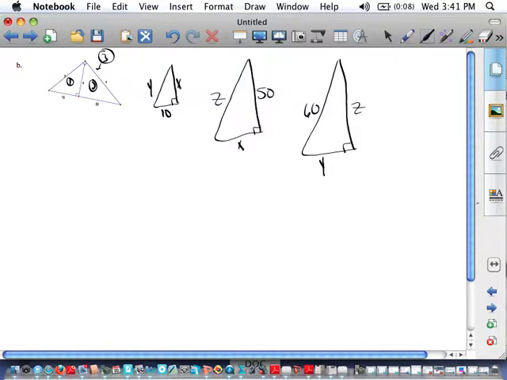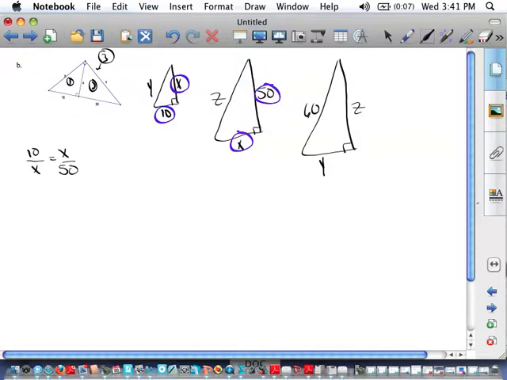You're looking to solve for x. Look for the 2 triangles that contain an x, and look at the sides that they represent. So for x, we're talking about the short leg and the long leg. I have 10 is to x as x is to 50.